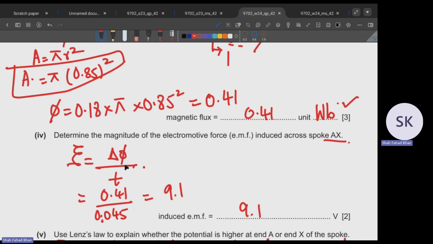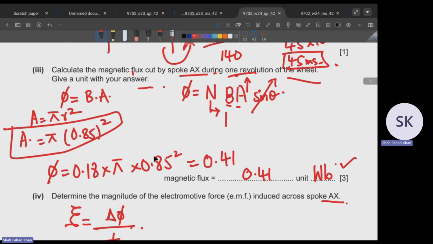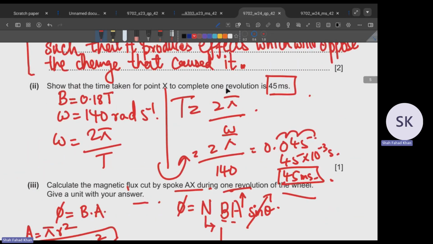So we know the magnetic flux for one spoke AX only is 0.41, right? When it is rotating, it's cutting across 0.41. So 0.41 divided by the time it took. How long did it take to complete one revolution? It was 45 milliseconds, right?